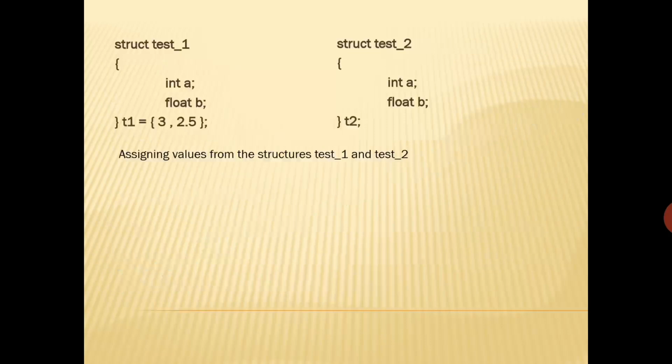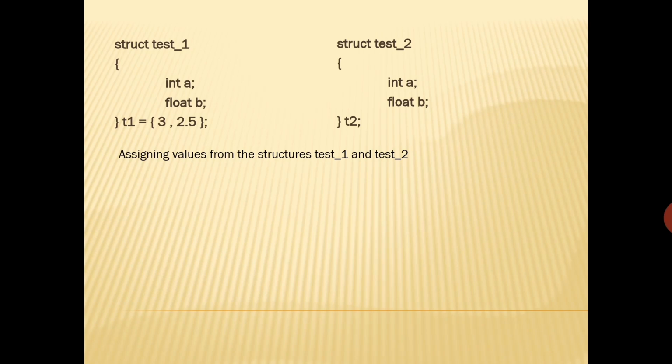So now assume that you have given two structures. Now look into this. Two structures, test1 and test2. int a, float b, t1 is equal to 3, 2.5. t2, you don't have any values. See, listen. Both the structures resemble the same. There are two structures, test1 and test2.